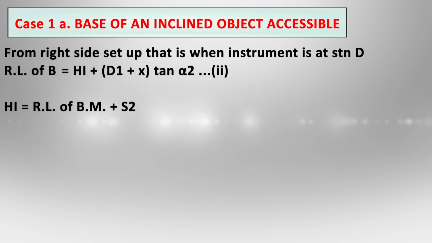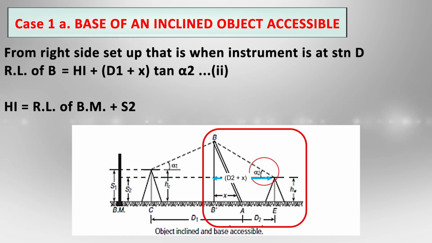And considering the right side, when the instrument is at station D, RL of point B would be H1 or the height of instrument plus D1 plus X into tan alpha 2.